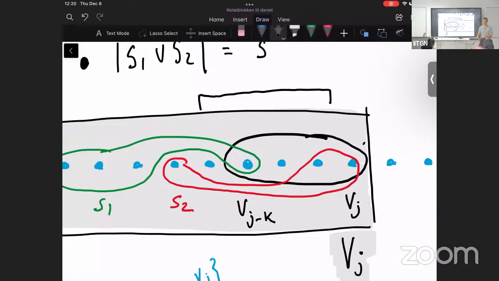So when you make recursive calls to this position here, you need to not invoke anything that has to do with this vertex, and you need to decide what to do with this vertex.